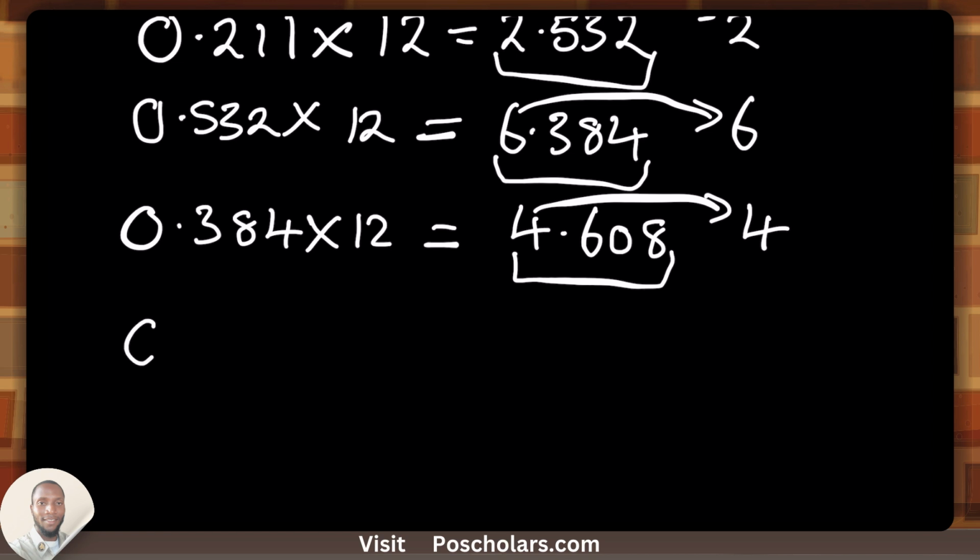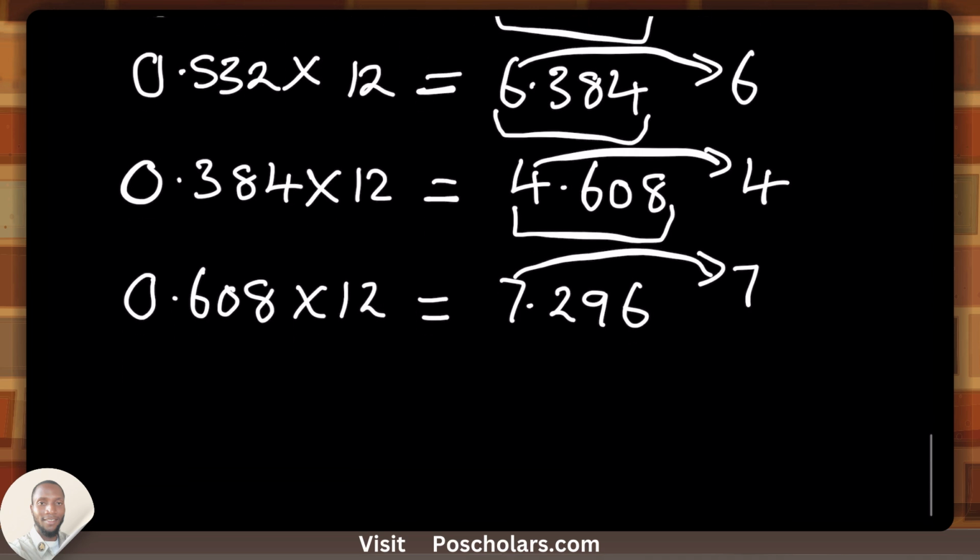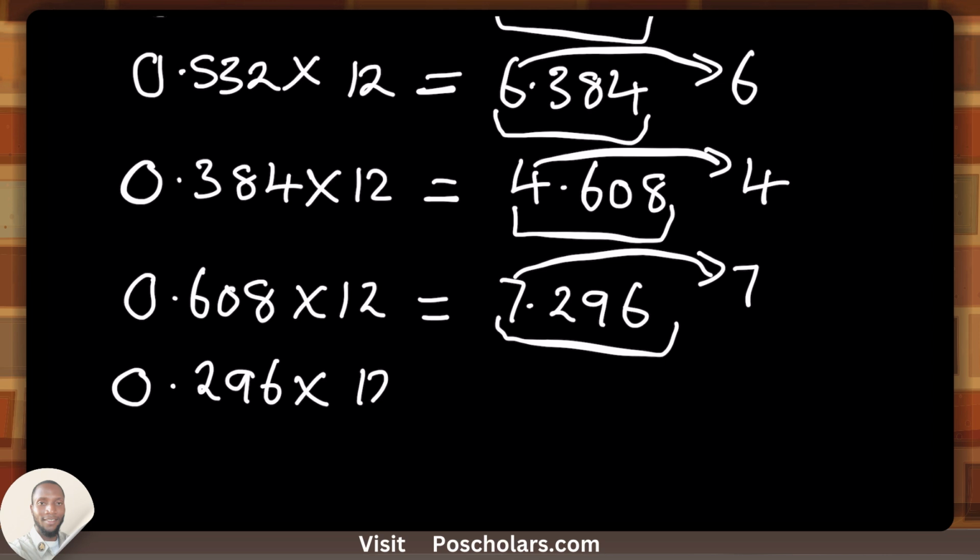So we say 0.608 times the required base 12 again. When you multiply that, you have 7.296. We are interested in the whole part, which is 7. Again, the decimal part for 7.296 is 0.296. Then multiply by the required base, 12.